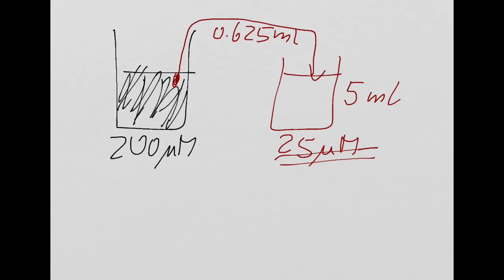So we put in 0.625 milliliter in our pot, and we add water and buffer. How much? We add water or buffer, whatever it says, so that it makes up 5 milliliter.